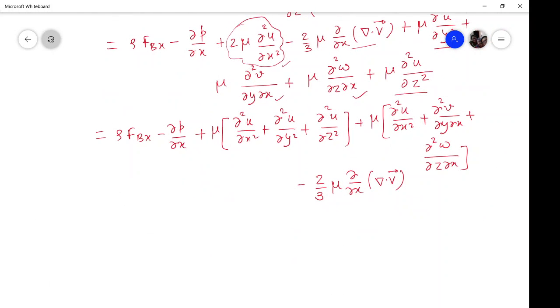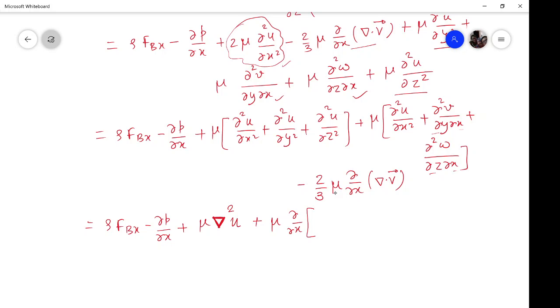Okay, I hope this thing is clear to you. Now it is f_bx minus ∂p/∂x plus μ times what is this? This is ∇²u. Now plus μ, you do one thing, you take ∂/∂x outside because the function is continuous, so it is immaterial whether you are differentiating first with respect to y or x or z.